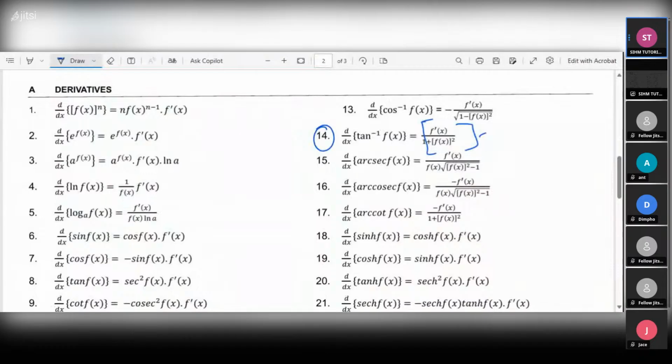So remember d over dx of tan inverse of x divided by 16 minus x squared. Here your answer is going to be, remember, our derivative is going to be this. Let me write 16 minus x squared squared.